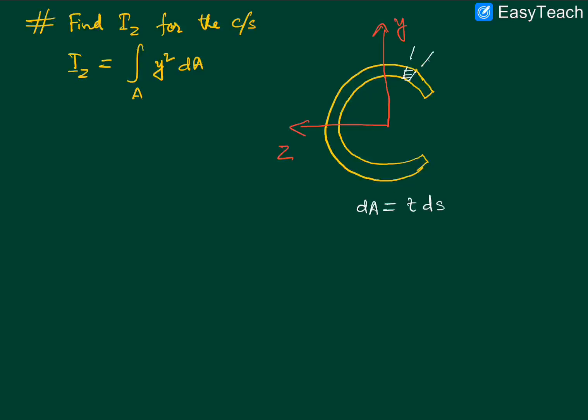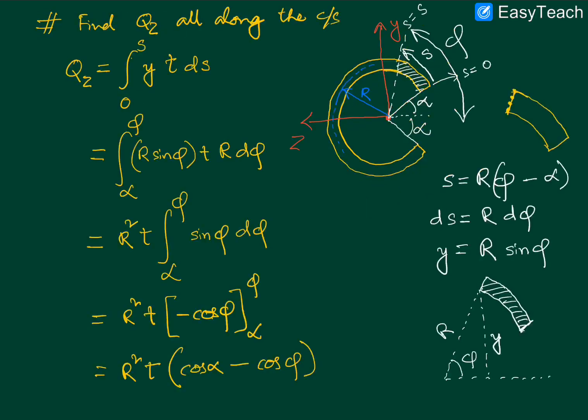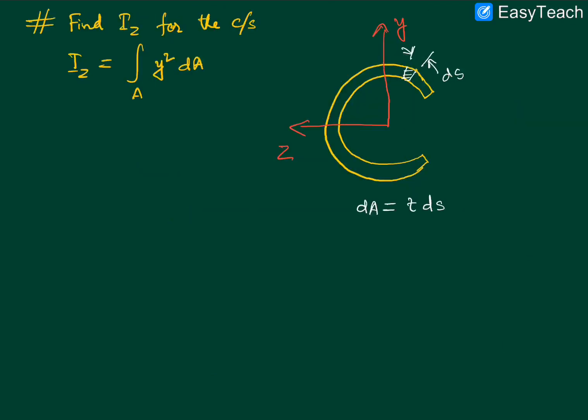You understand that this here is my ds, and I want to express this in terms of the r and the phi, and if you just quickly refer to our previous slide here, the ds is r d phi. So this is t times r d phi.